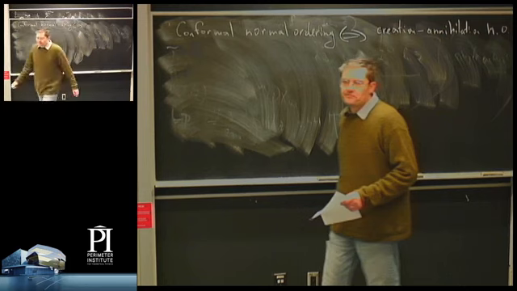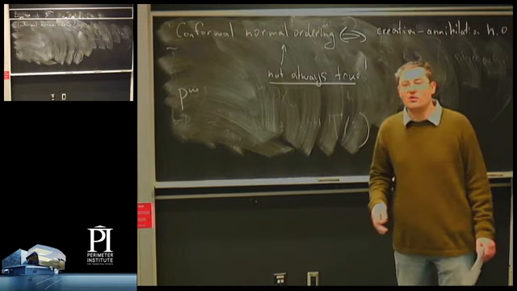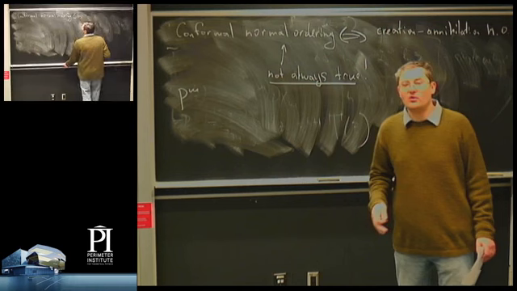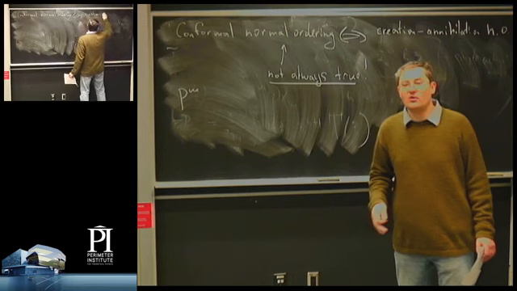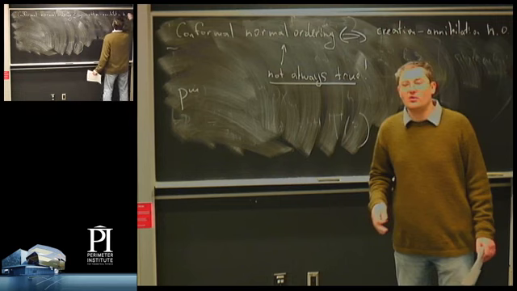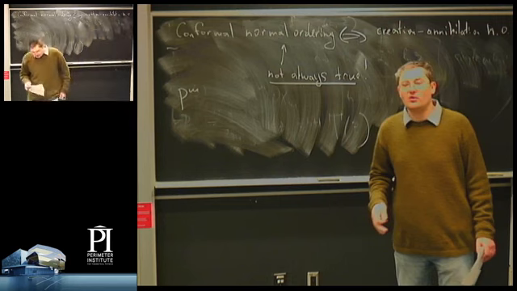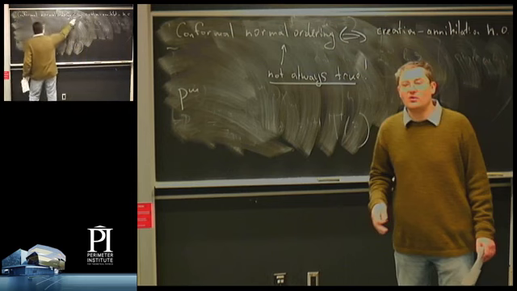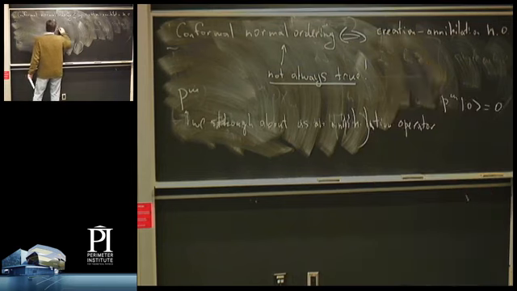So conformal normal ordering is the same as creation and annihilation normal ordering. Okay. So you might think that maybe that's always the case, and the answer to that is no. So that's not always the case.